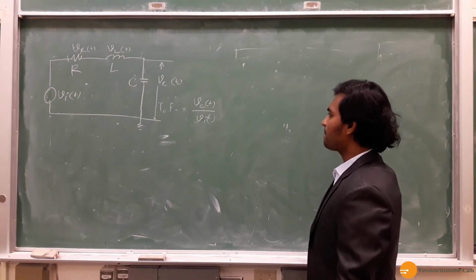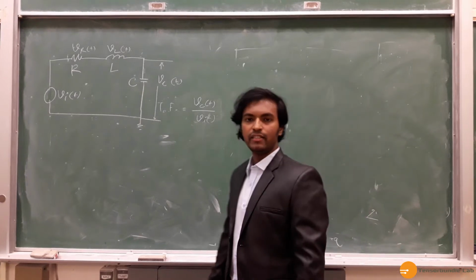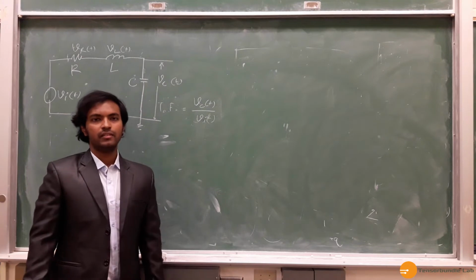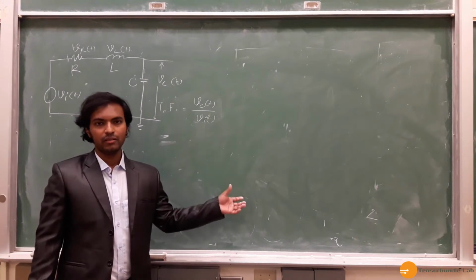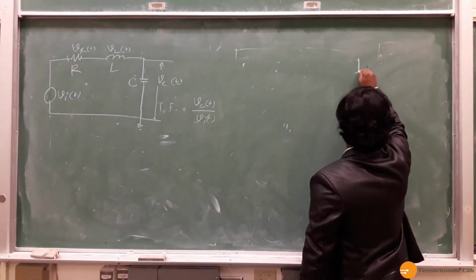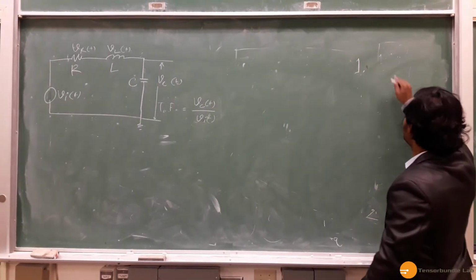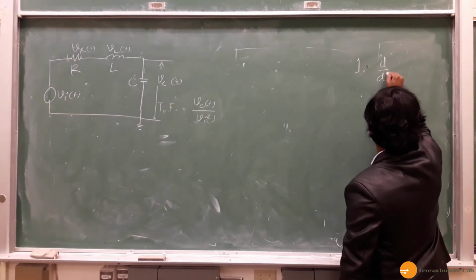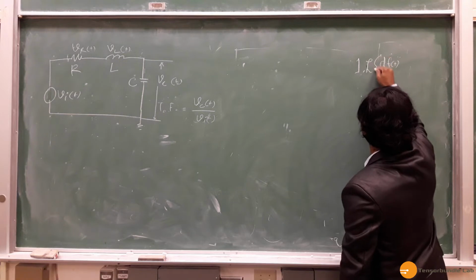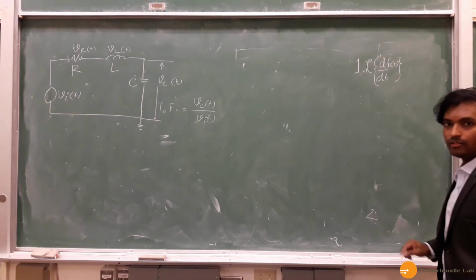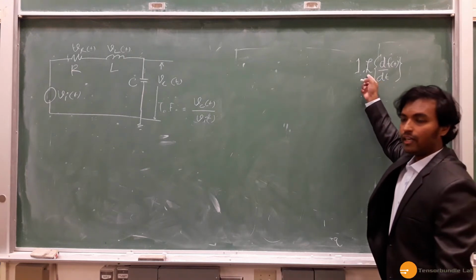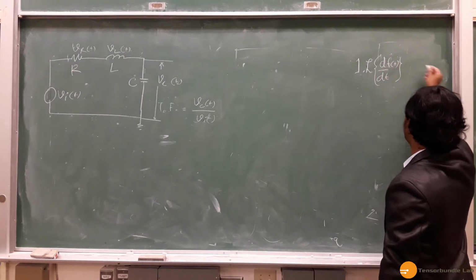Now, before solving this electronic circuit, I'd like to write down a few theorems so that we can apply them in the solution. The first theorem is, if we have a differential equation of this form, and you take the Laplace transform of this differential equation, then we already know the Laplace transform converts the time domain signal into the frequency domain.